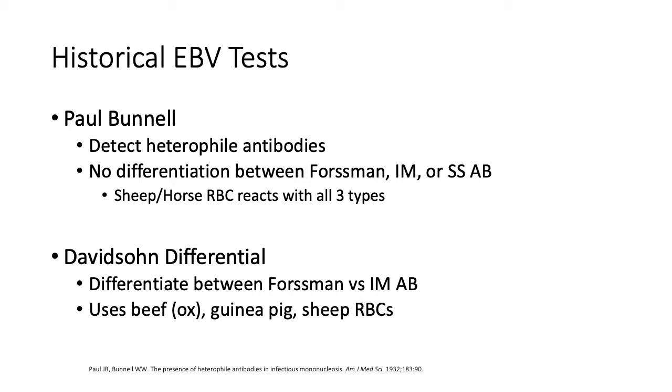The titer was based on the dilution of the last tube that showed visible agglutination and reported as the reciprocal of that dilution. So, for example, if the last tube showing visible agglutination was diluted 1 to 56, the titer would be reported as 56.